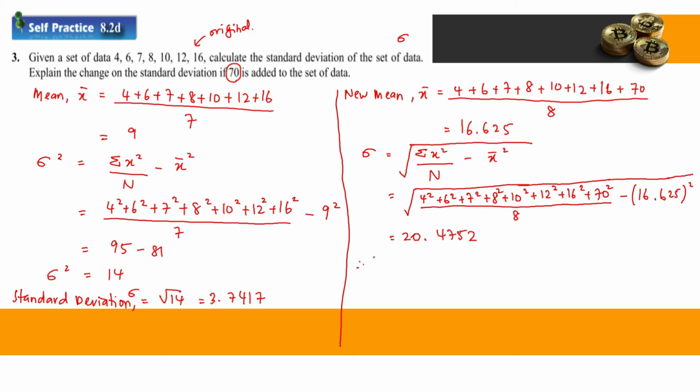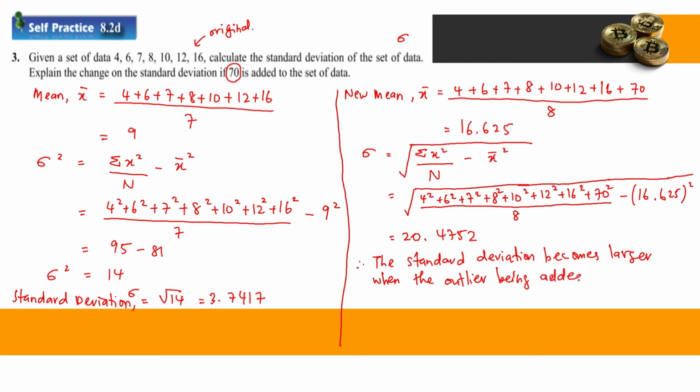Okay. Explain the change on the standard deviation if 70 is being added. So therefore the standard deviation becomes larger when the outlier is being added to this set of data.